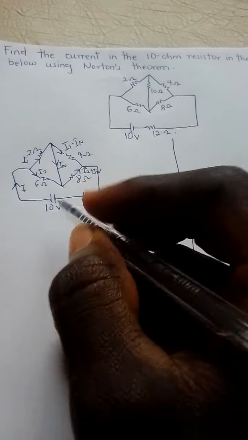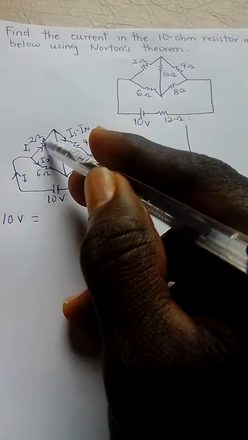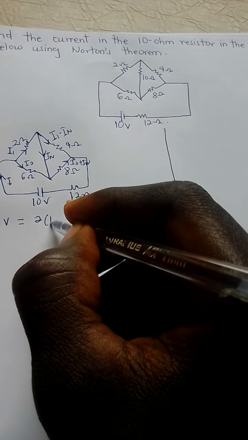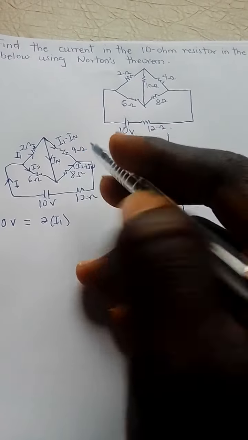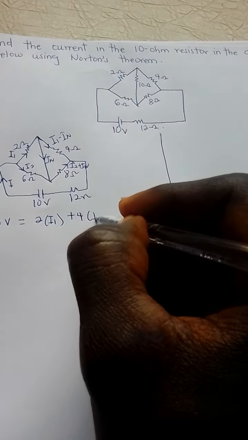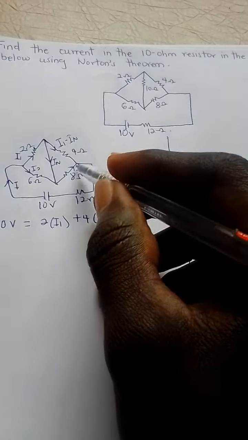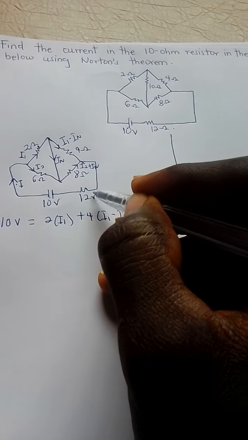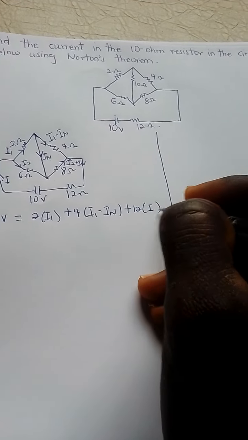We have the source, 10 volts, equal to the voltage drop 2 ohms times I1, plus 4 ohms times I1 minus IN, then plus these 12 ohms. The total current I passes through the 12 ohms, so plus 12 multiplied by I.